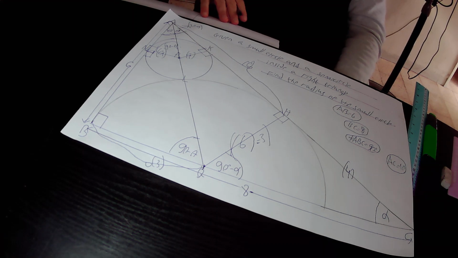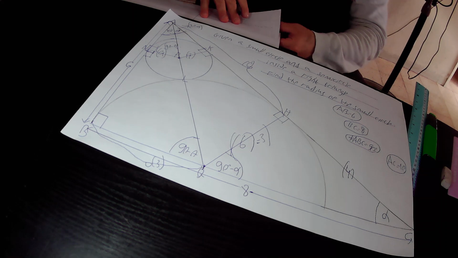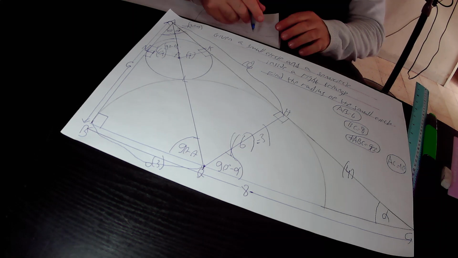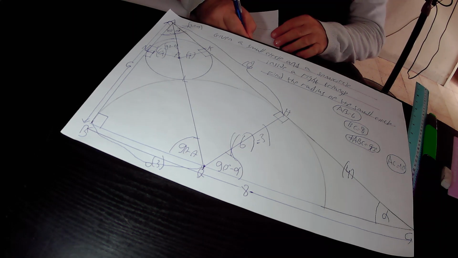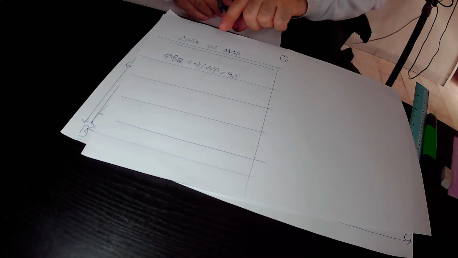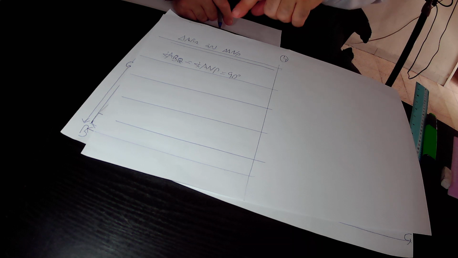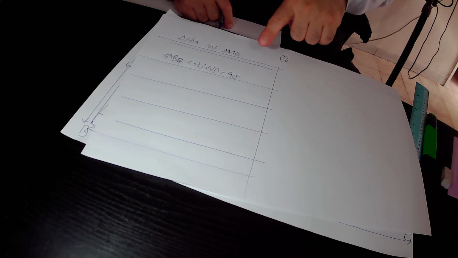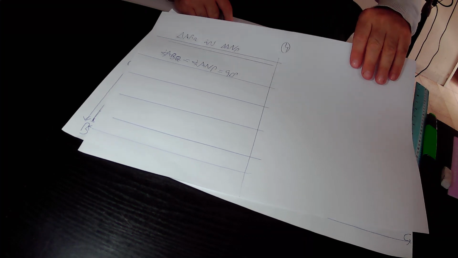So I repeat again, we found out that angle ABQ in the big right triangle equals angle ANP in the small right triangle. They are both equal to 90 degrees, therefore they are equal to each other.